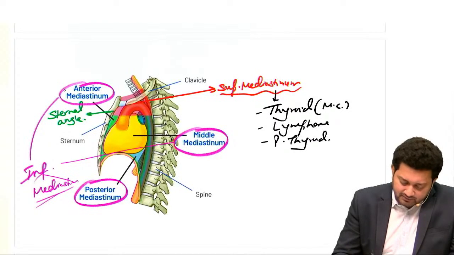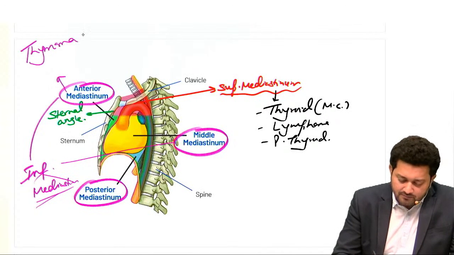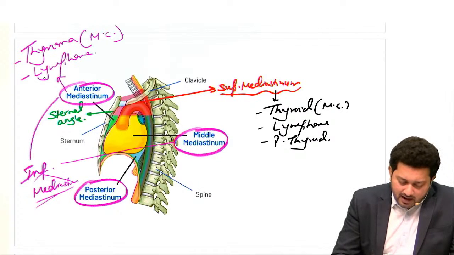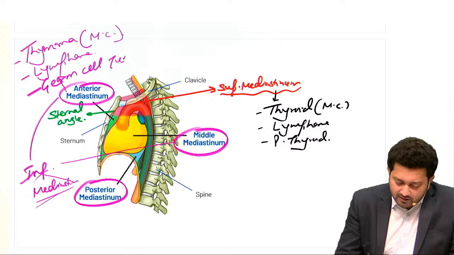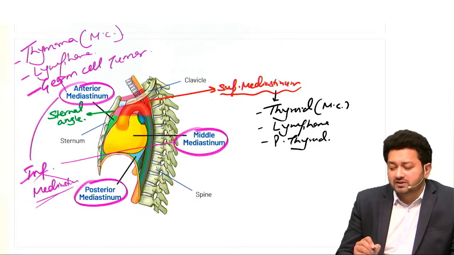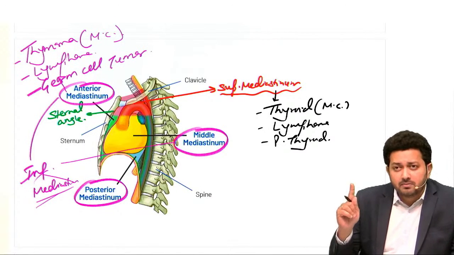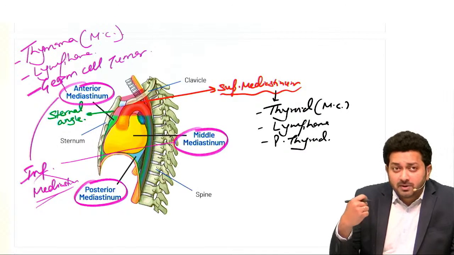Anterior mediastinum: most common is thymoma, from the thymus gland, then lymphoma, and germ cell tumor. Germ cell tumor, which is there in the testis. Remember, seminoma and non-seminomatous germ cell tumor.